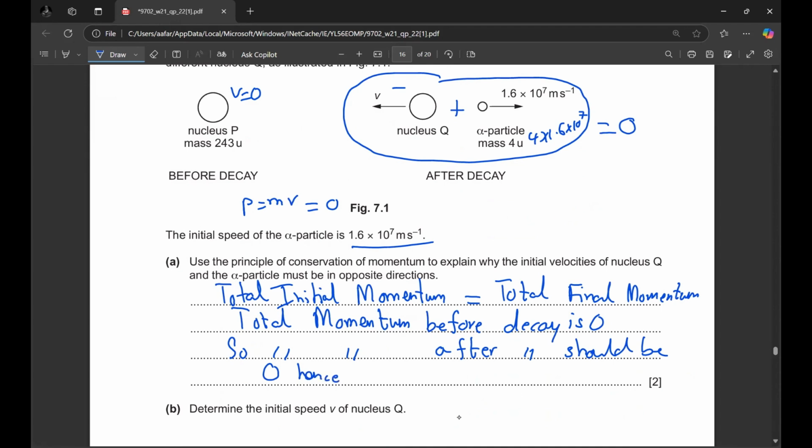And the alpha particle and Q have momentum in opposite directions.